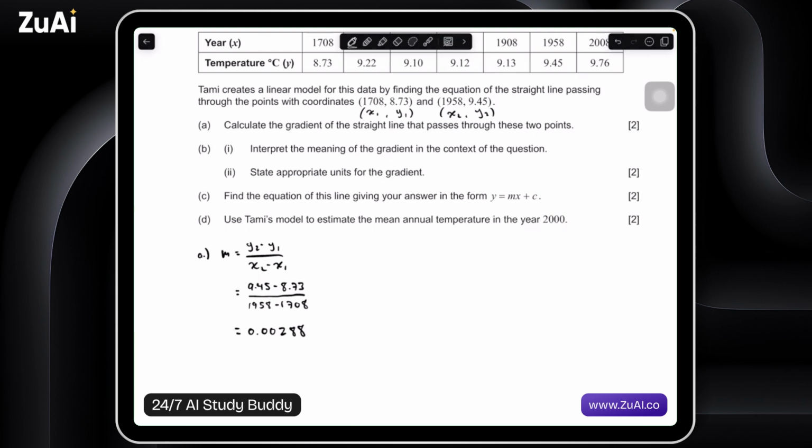Okay, part B. Part 1 of Part B asks us to interpret the meaning of the gradient in the context of the equation. So here is Part B. So we know that the slope of a line is given by change in y over change in x.